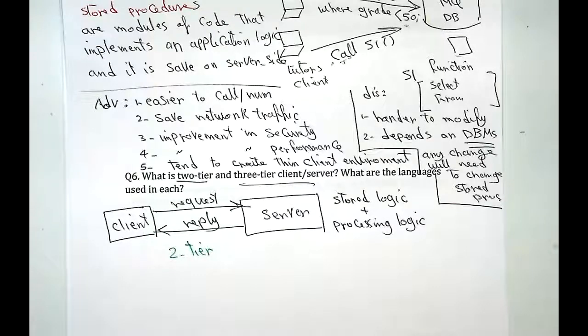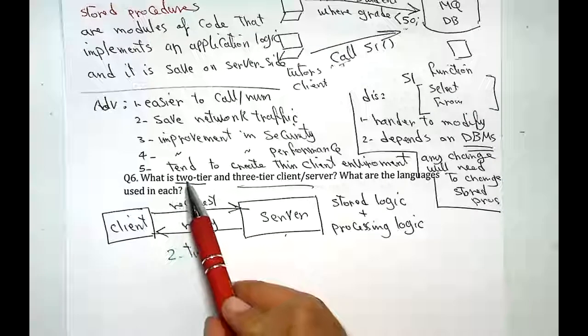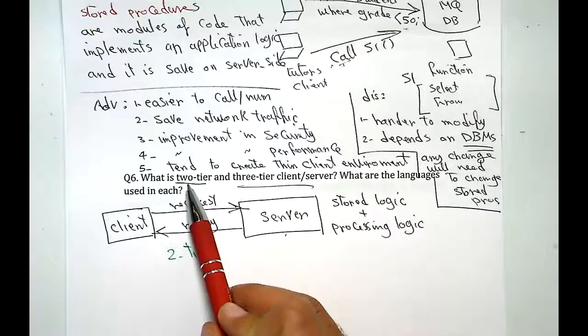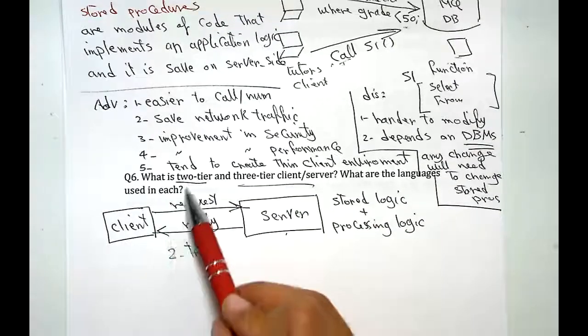We have almost 40,000 students. If a few thousand access the Macquarie website or iLearn to do something, this is a heavy load on the server. So that's why 2-tier is more suitable for small business, maybe an information system for a small school, for example.